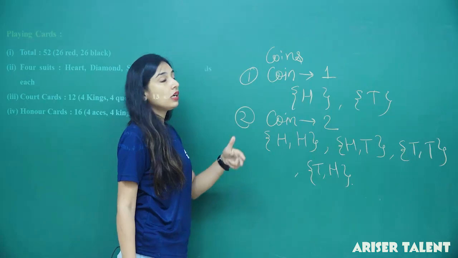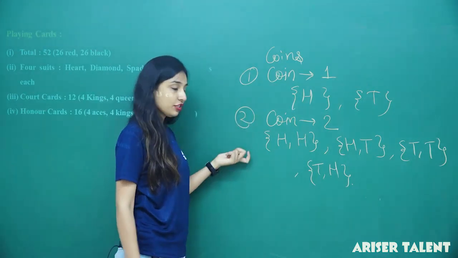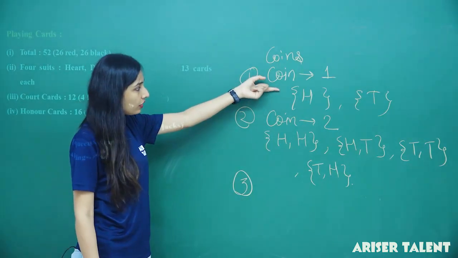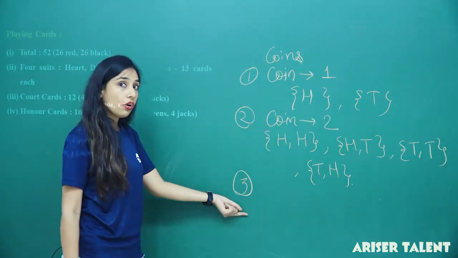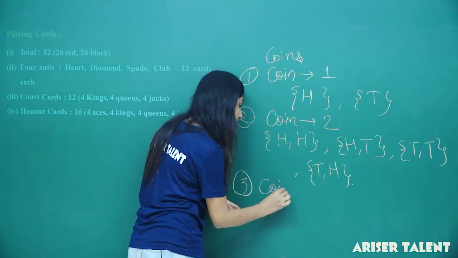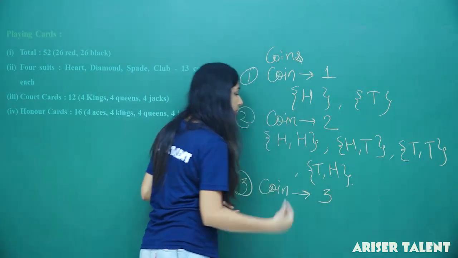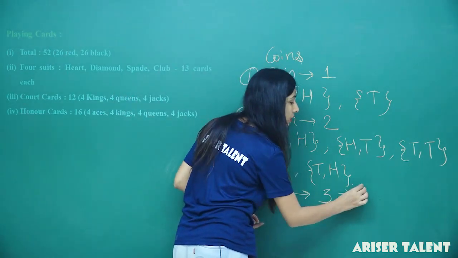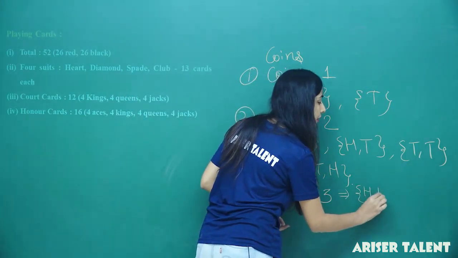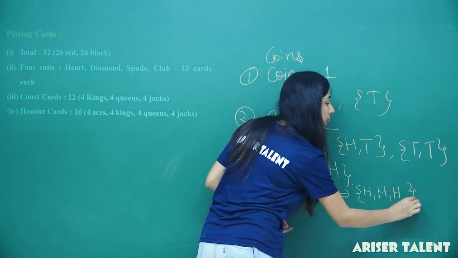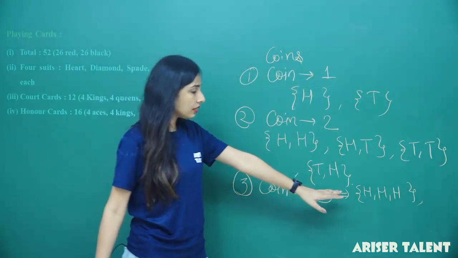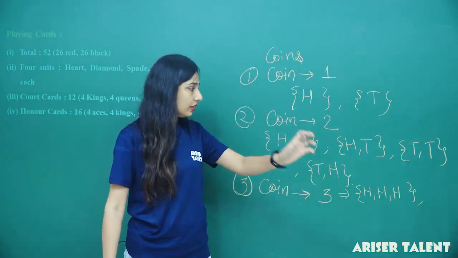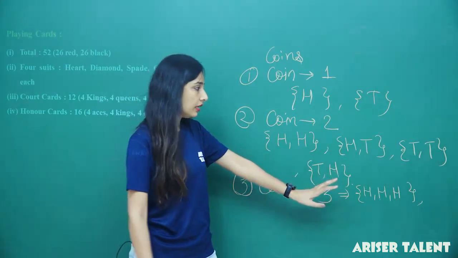Now the third thing which we are going to see, what will it be? 1 coin, 2 coins. So now coins are 3 here, right? So if the coins are 3, what will be the possibilities? I am initiating with the head, and all 3 are head. Okay, there is less chance for that, but that may be.